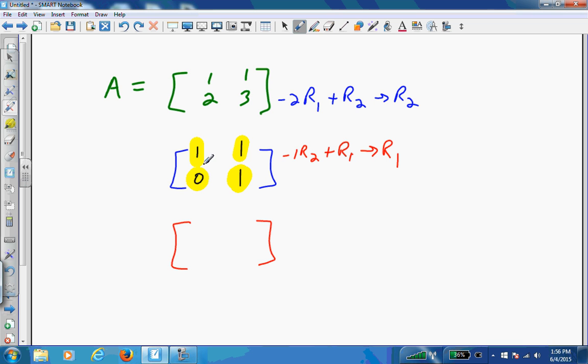So when we do that, we're not changing the second row, but to get the first row, we do the opposite of this, so 0 plus 1. The opposite of this, negative 1 plus 1 is 0. So that gives us our identity matrix.